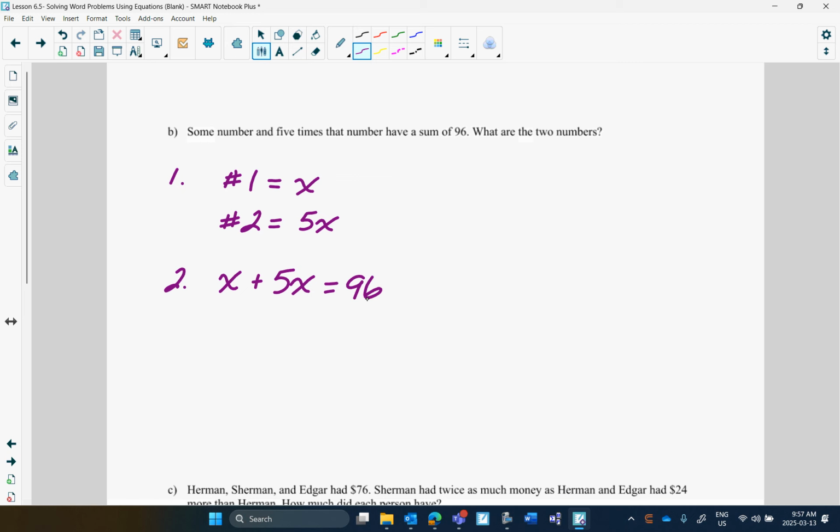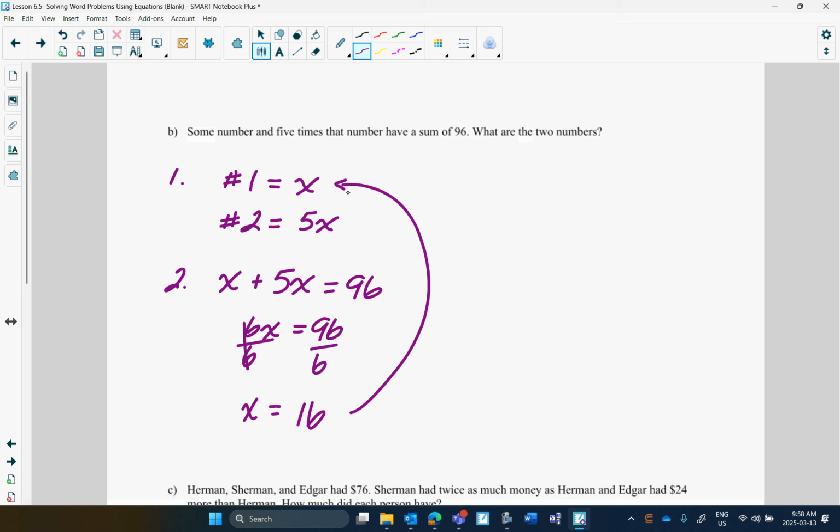Well, I can simplify the left to make this x plus 5x, 6x. Now I've only got one step to get x by itself. Divide both sides by 6. 16, which represents, if we go back up here, the first number.